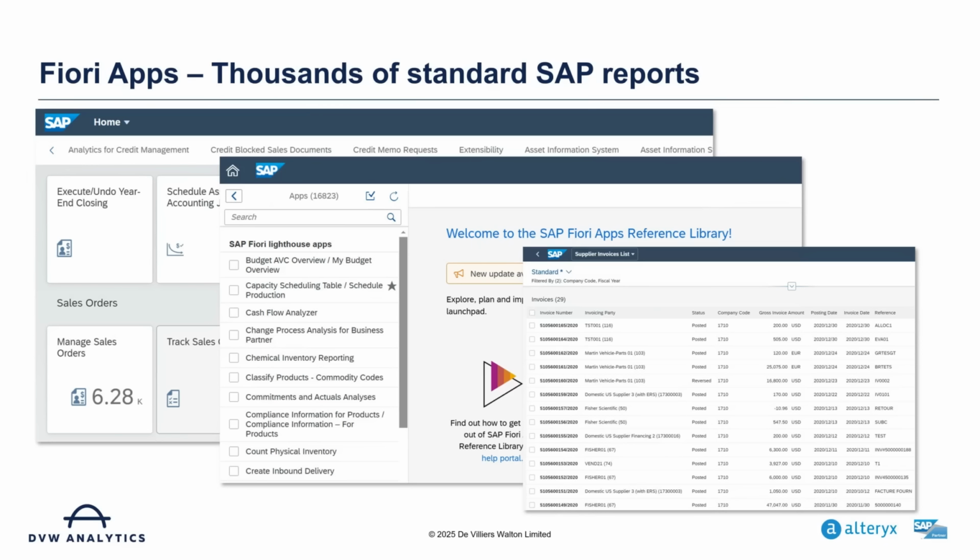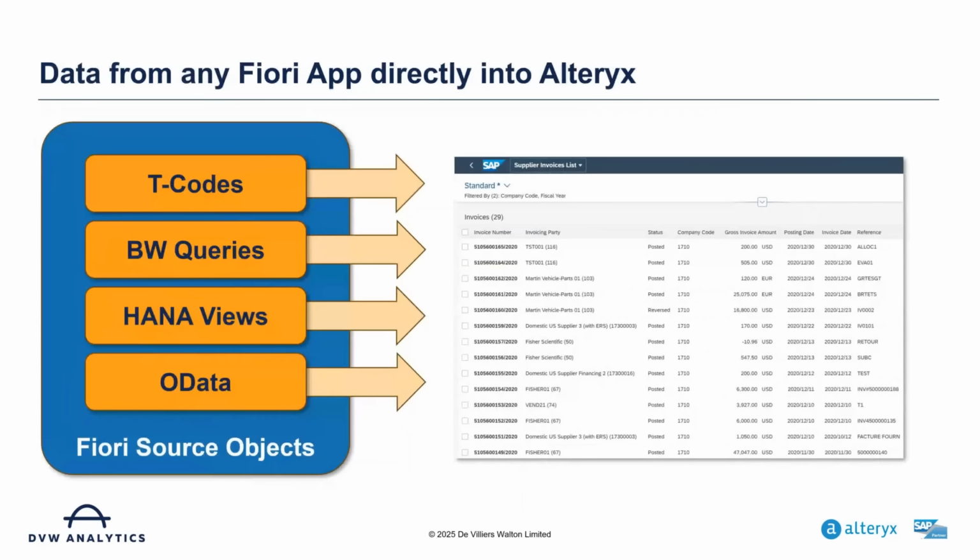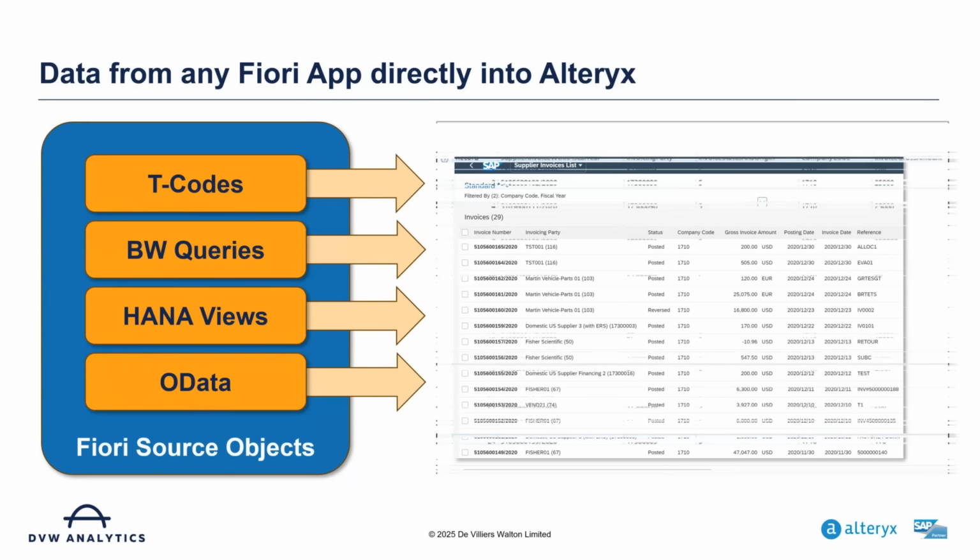If we can consume these Fiori apps directly within Alteryx, through that cleansing process we're already several steps ahead of the game in getting that data ready for our AI applications. You'll see more and more of these as you develop further along your own paths within your organizations with SAP. Underpinning these different Fiori apps, there are SAP transaction codes, or BW queries, or SAP HANA views, and OData sources. So you're going to find as you hit S/4HANA that Fiori becomes a very rich source of data for you.